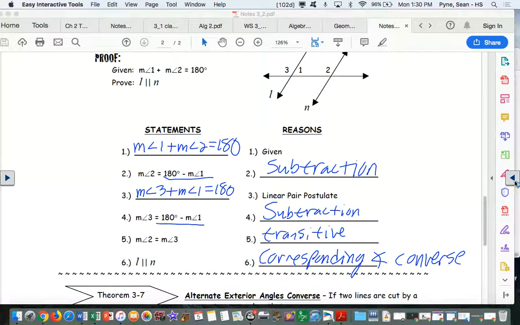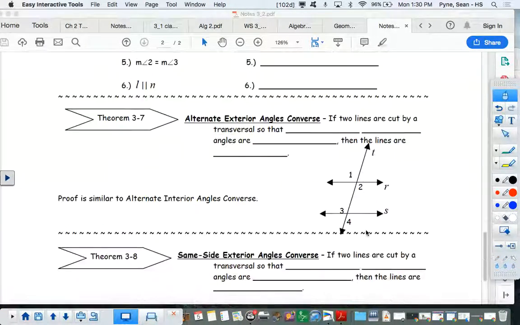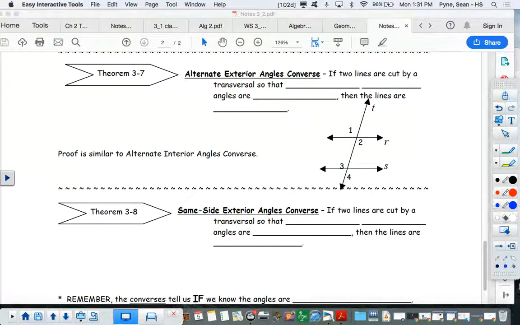Any questions? All right, next. Alternate exterior angles converse.